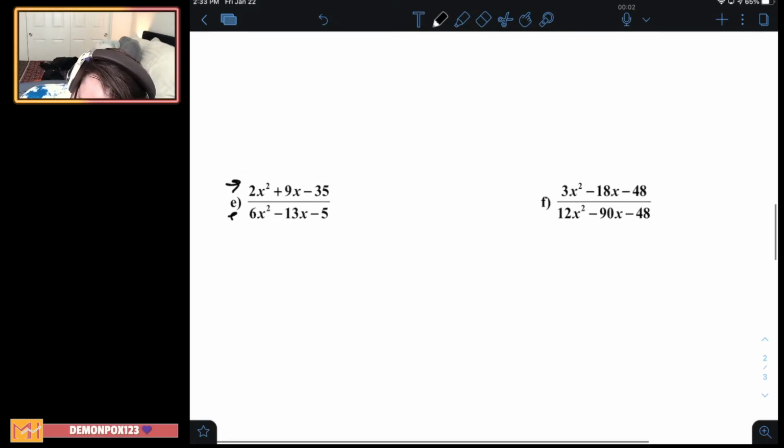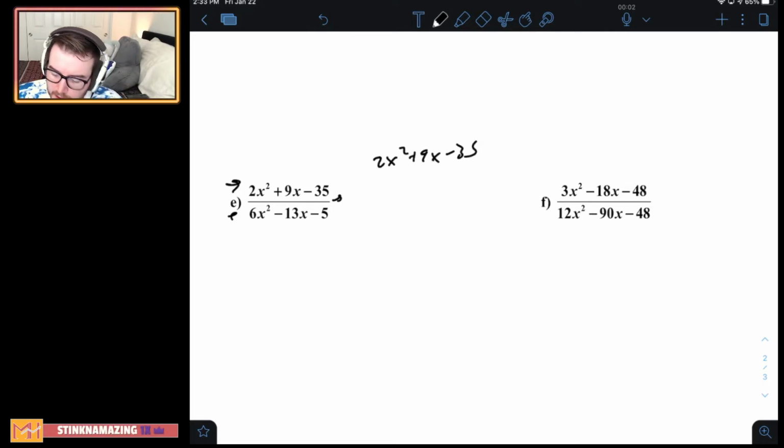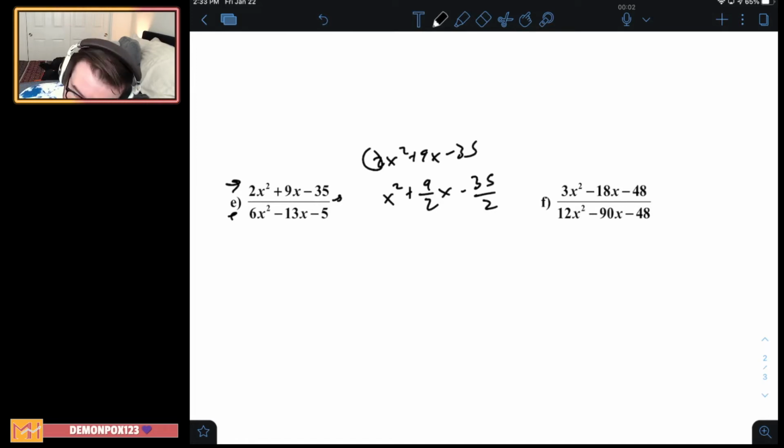For this guy, let's use the U method for the first one. So 2x squared plus 9x minus 35. The U method, I say, you need to make a 1. So divide by 2, sorry, and we get x squared plus 9 halves x minus 35 halves. Okay?